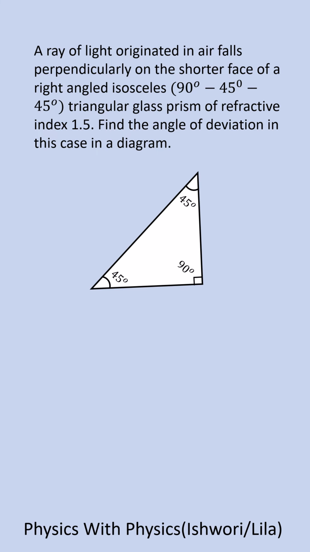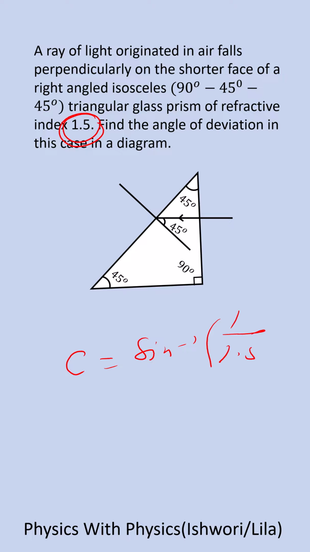Okay, this is 45 degree and the refractive index is given as 1.5, and the value of the critical angle is C equals sine inverse 1 by 1.5. We get the value of the critical angle as 41.8 degree.